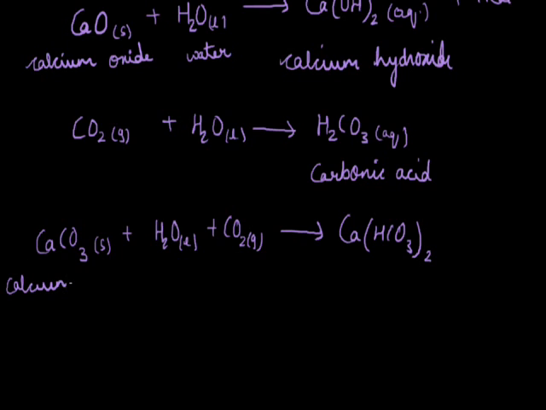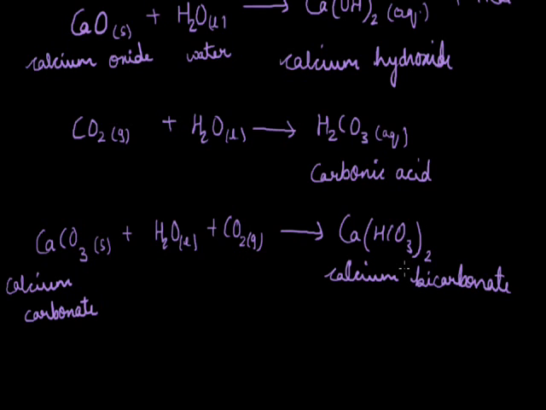Calcium carbonate is insoluble in water and when excess of CO2 is passed through it, it forms calcium bicarbonate. And here we see calcium carbonate, water and carbon dioxide, all are compounds. They are combining to form one product.